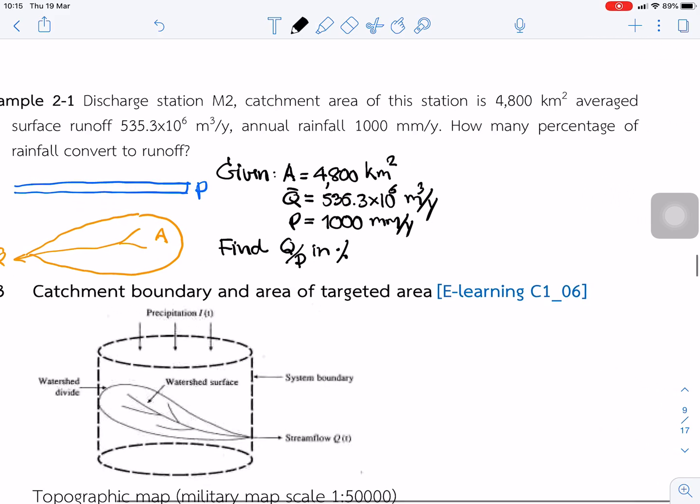The solution: we have to first find the discharge Q in terms of millimeters, so we divide the volume by the area.